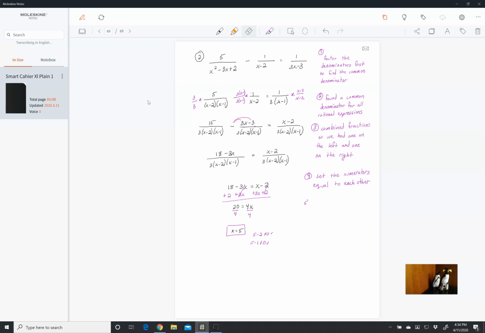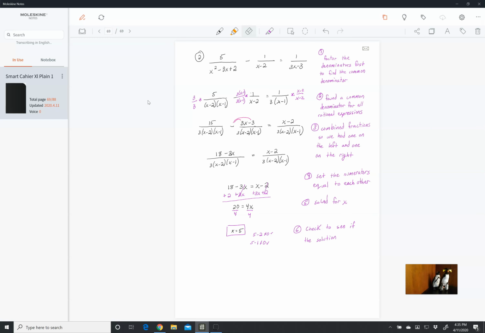Then we solved for x. And finally, we check to see if the solution is extraneous. And sometimes you might have more than one, okay?